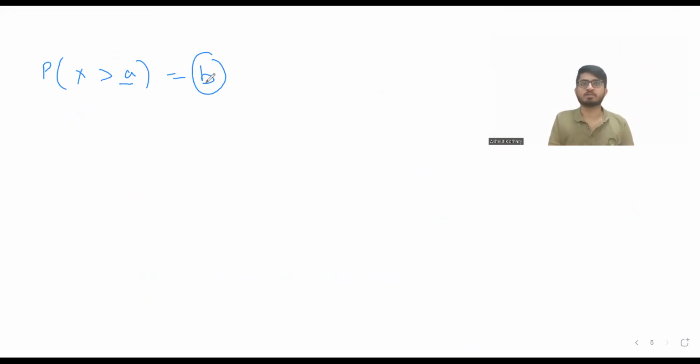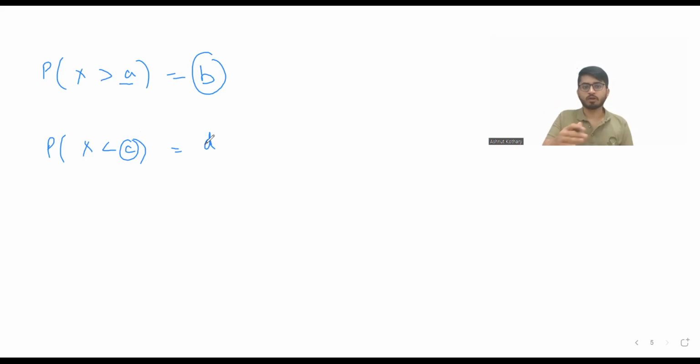If b is say 30%, correspondingly I can find the value of a. So the percentage point, as the name suggests: the probability is given, and I need to find the corresponding point in the distribution. Probability tables are used the other way. Let's say I have something of this format: you will know the value of C, and you need to find the value of D.